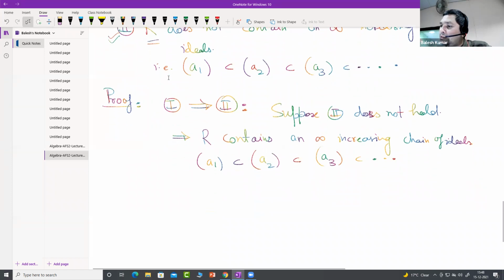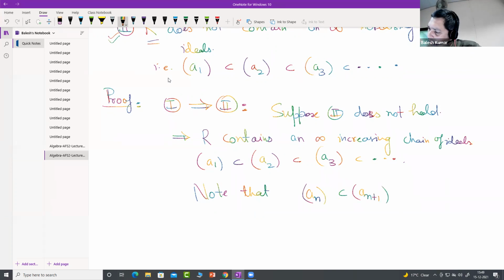Note that any ideal is of course contained in the full ring R, so the ideal generated by an is properly contained in the ideal generated by an+1, and any ideal is contained in the ideal R, which is generated by 1.